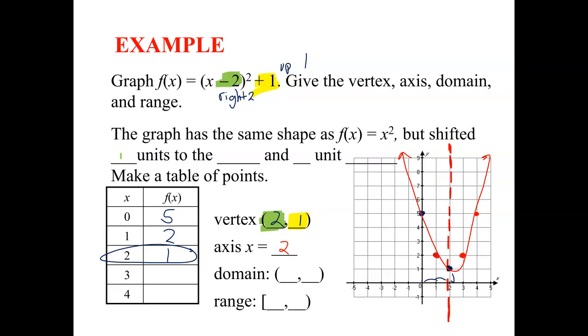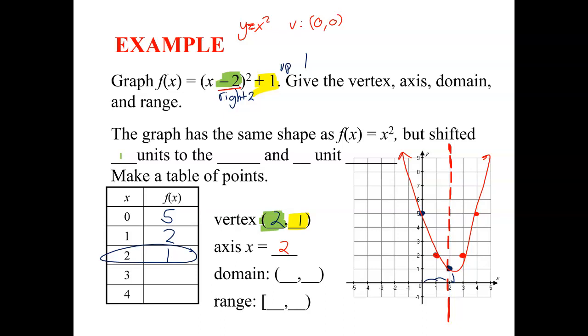We talked about this is a horizontal shift, right? So the origin, my parent function, y equals x squared, has a vertex at 0, 0. If I'm going right 2 units, then my x value will change from 0 to 2.